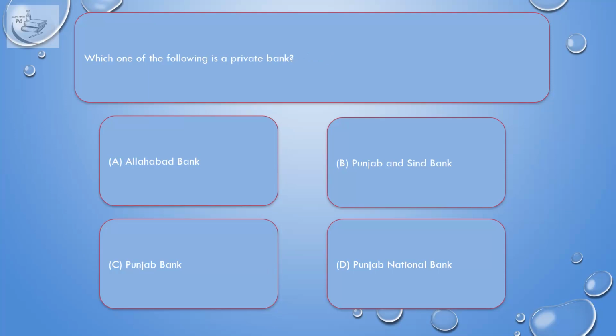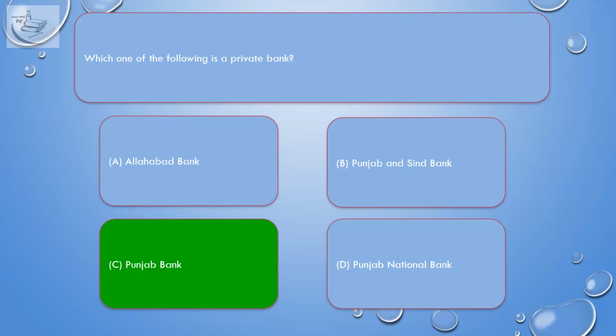Question: Which one of the following is a private bank? A. Allahabad Bank, B. Punjab and Sindh Bank, C. Punjab Bank, D. Punjab National Bank. Correct answer is C. Punjab Bank.